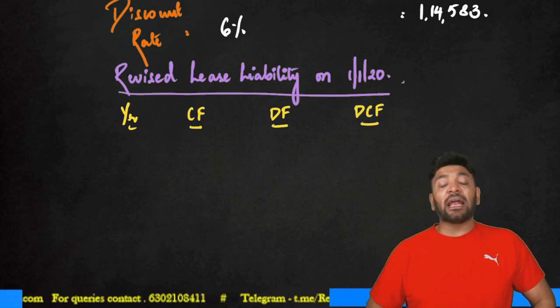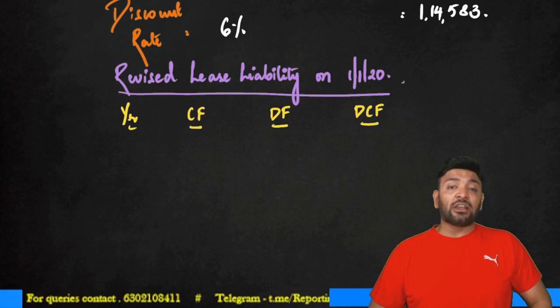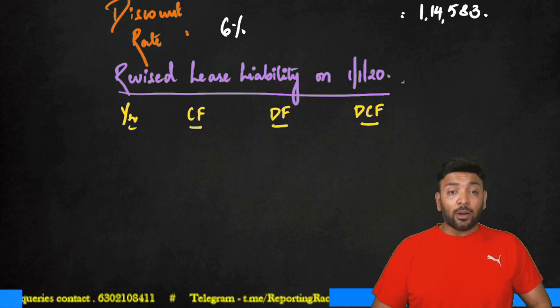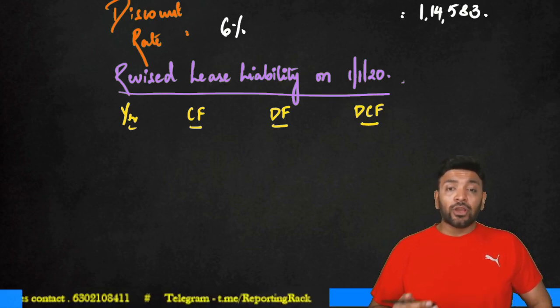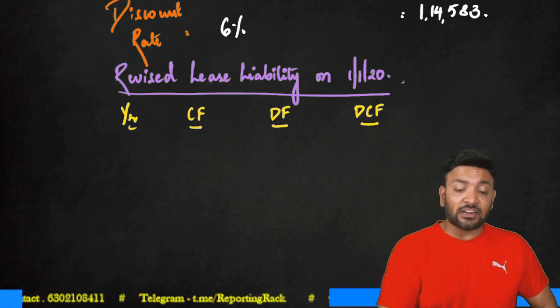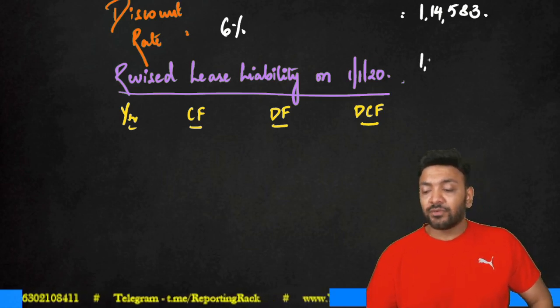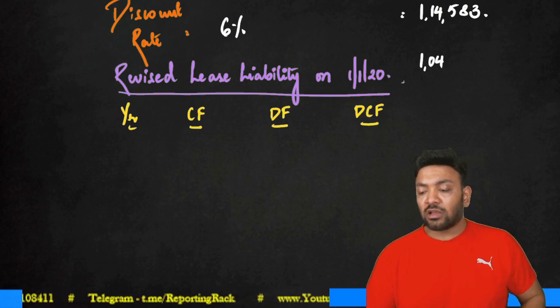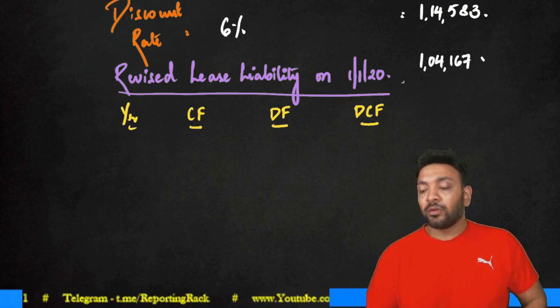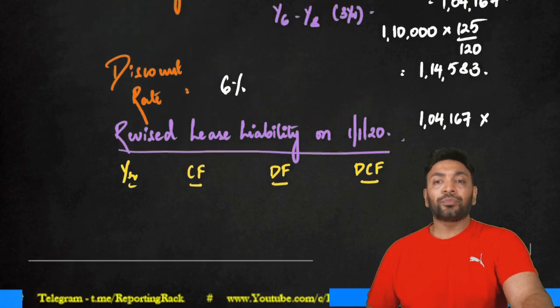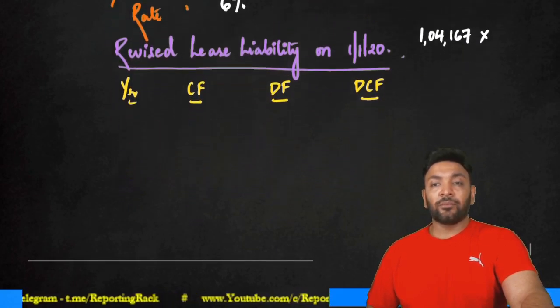I couldn't have applied your present value annuity factor straightforward. If you want to apply your discount factors as present value annuity factors, then I would have written like this. 1,04,167 multiplied by, that is the first payment, right?